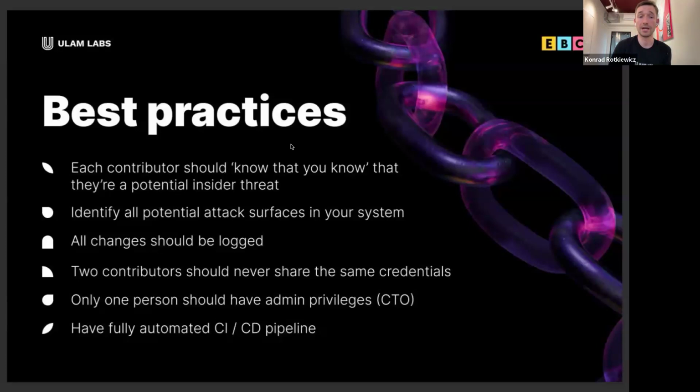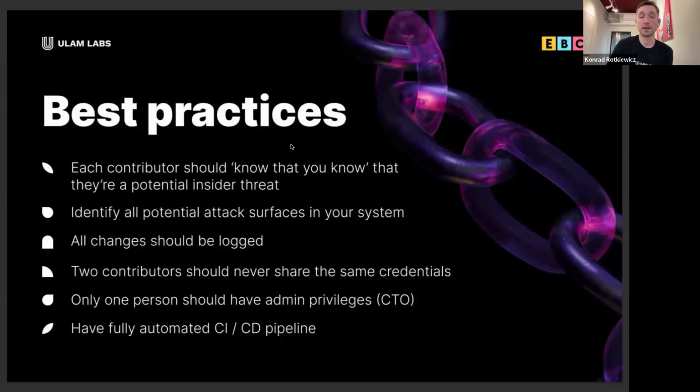This is important. Then, this is also super important: two contributors should never share the same credentials. If you share credentials to any part of your infrastructure, you won't be able to point out who did it, because, for example, five people had access to the DNS system.